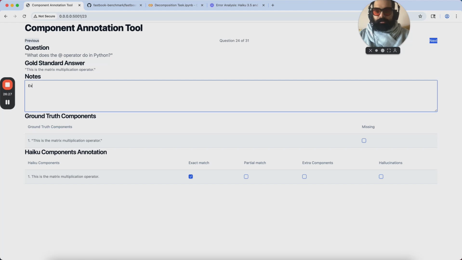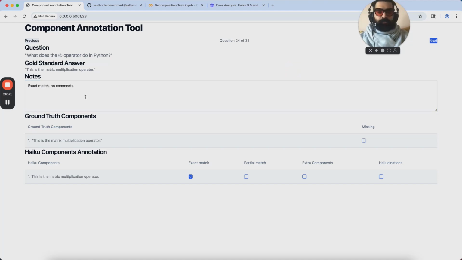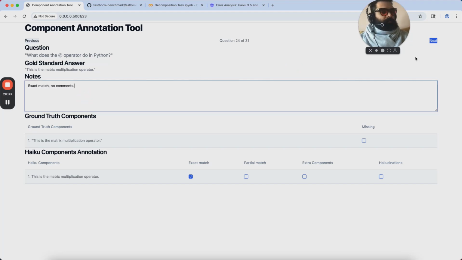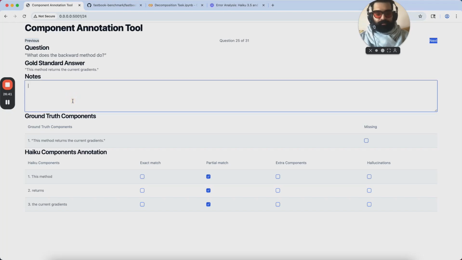Yes, exact match, no comments. So I think we've had like 3 questions where it's an exact match full across the board. Yeah, this one, I'll say 2 of the haiku components returns, and this method are likely too granular out of context.